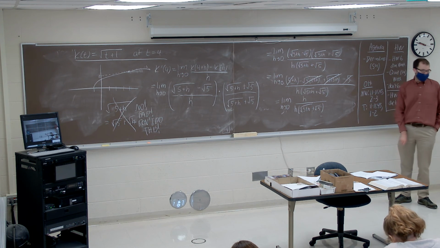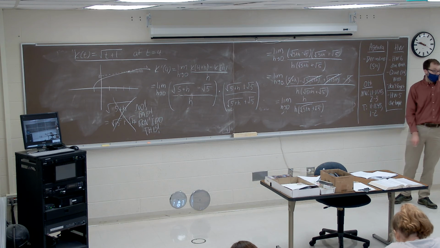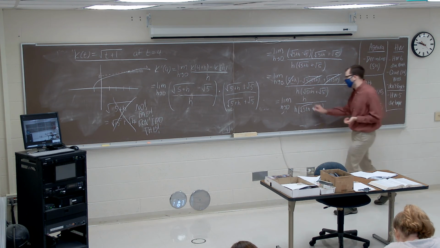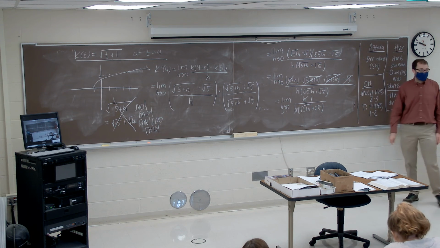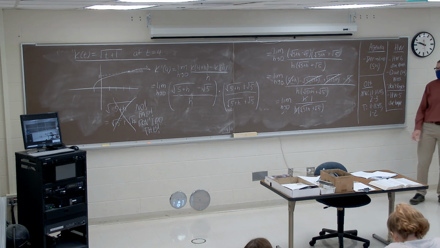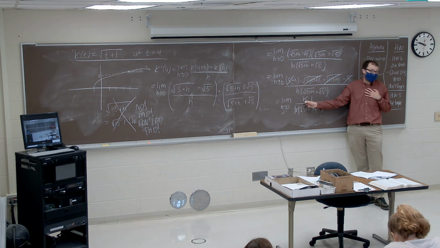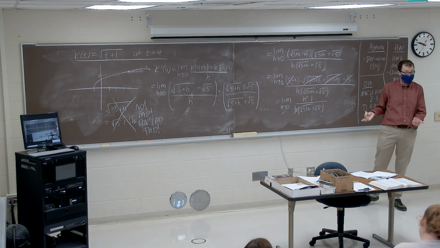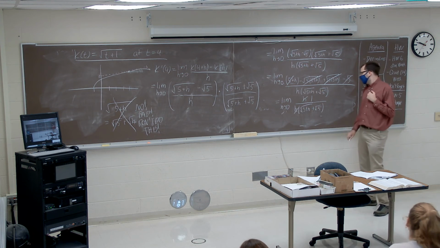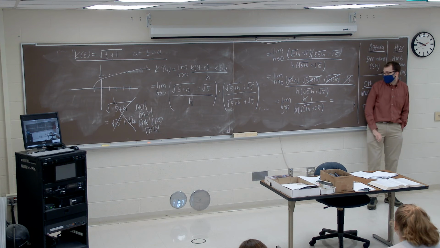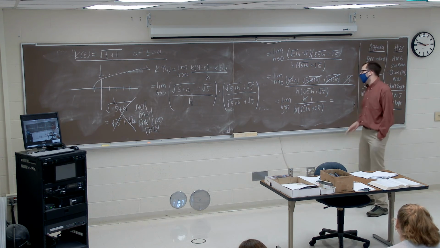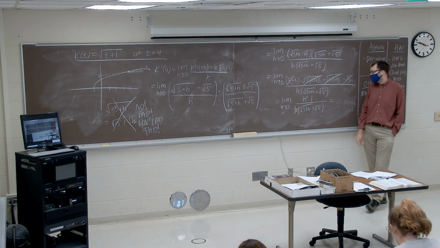Oh, hey, now we have some nice factors of h in the numerator and denominator that'll cancel out. So we'll have a factor of 1 left in our numerator, because h divided by h is 1. So then we take the limit as h goes to 0 of 1 over square root of 5 plus h plus square root of 5.